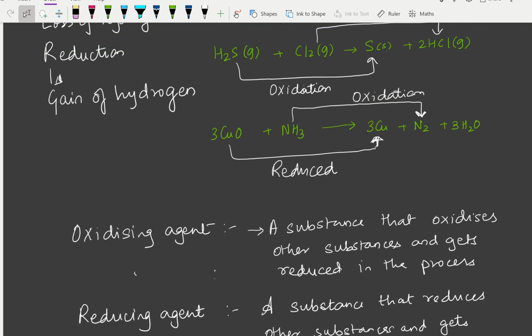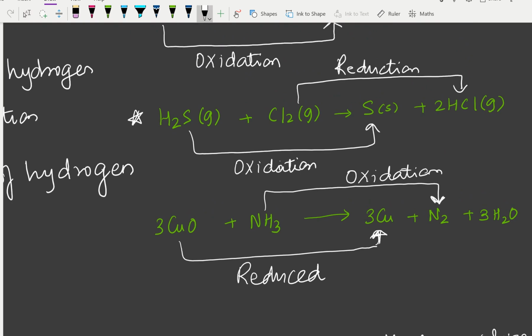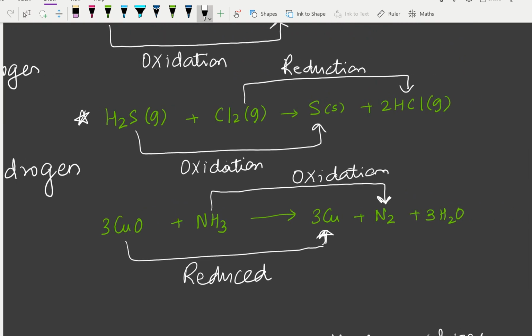Now let me consider the case of, say, hydrogen sulfide, the reaction here. Let's consider just one example and the rest is self-explanatory. Here, what is happening to hydrogen sulfide?